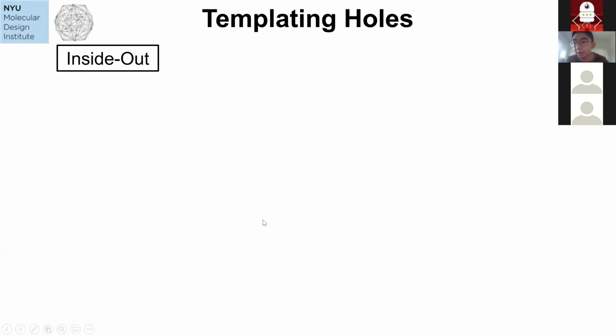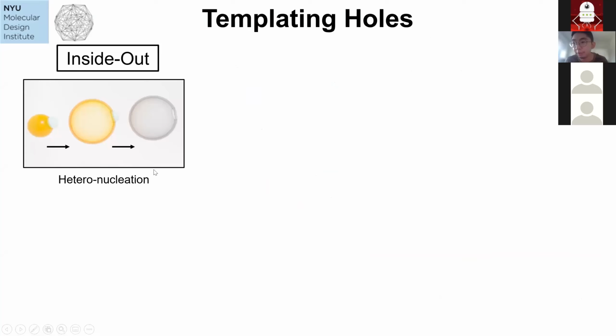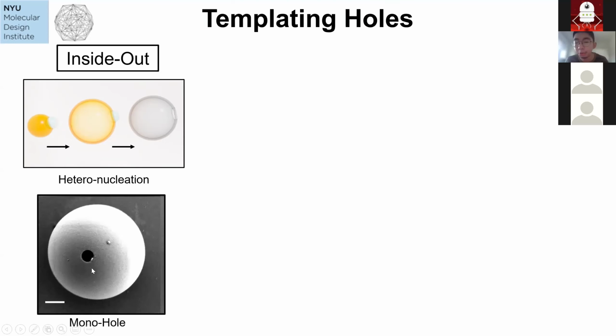Throughout the years, I developed various strategies to do so. One is called inside-out, which is typically an extension of the self-inflation. We start from the hybrid emulsion in this case, which is the TPM emulsion templated with a sacrificial seed. We use polystyrene here, which can be similarly inflated, polymerized, and dissolved to get this microcapsule with a monohole on each of the membrane.